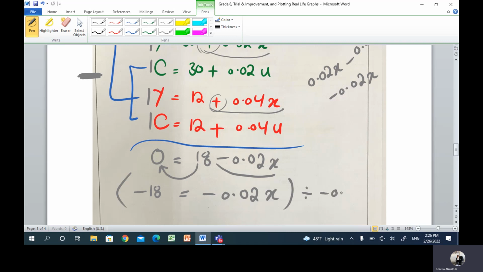It's negative 0.02, because negative 0.02x means negative 0.02 times x. So the opposite to times x is divide by the coefficient of x, which is negative 0.02.